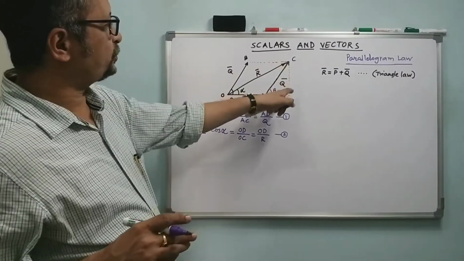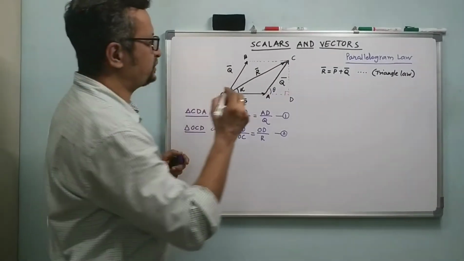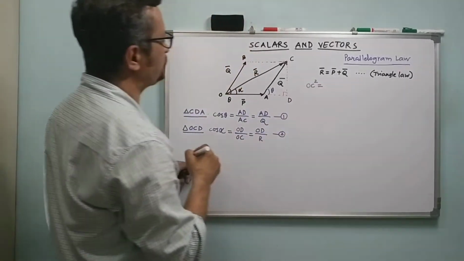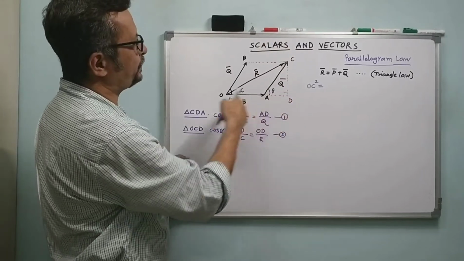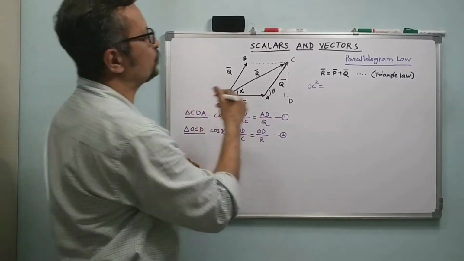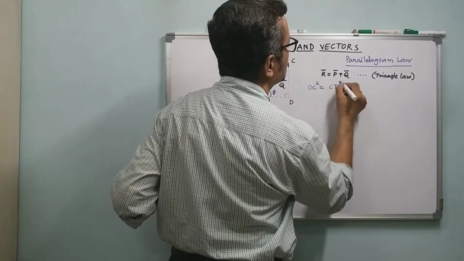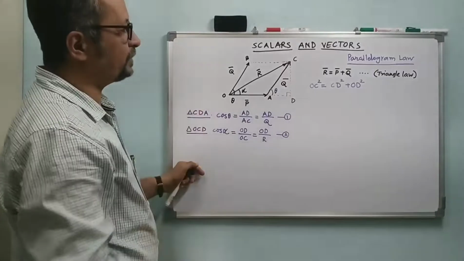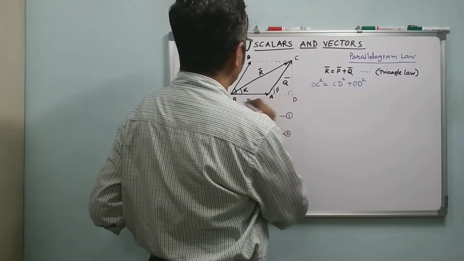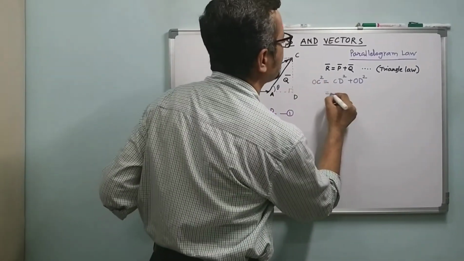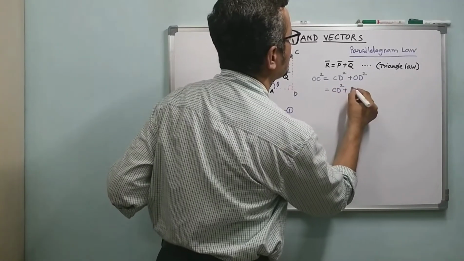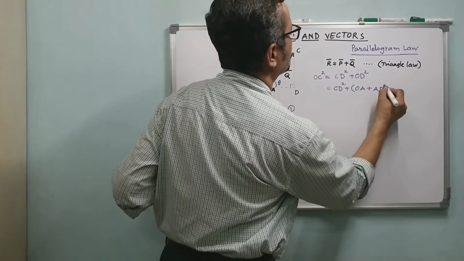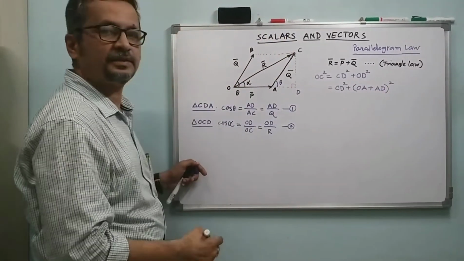I consider this triangle OCD, and if I apply Pythagoras theorem there, then OC square is equal to CD square plus OD square. What is my OD? My OD is OA plus AD, and whole square of that.